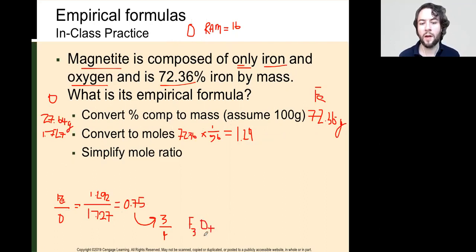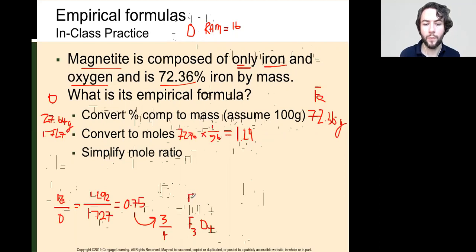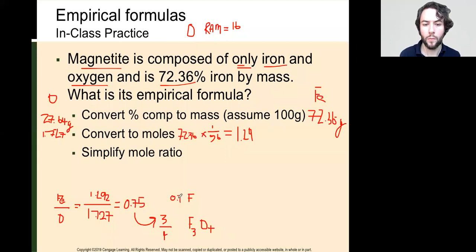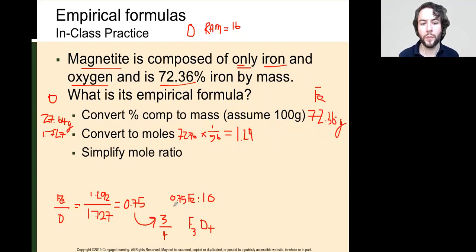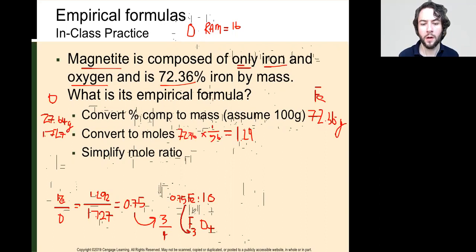The reason why we have 3 and 4 is because for every 0.75 irons, we have 1 oxygen. So in order to get 0.75 to a whole number basis, we have to multiply by 4 and we get 3. So times by 4.